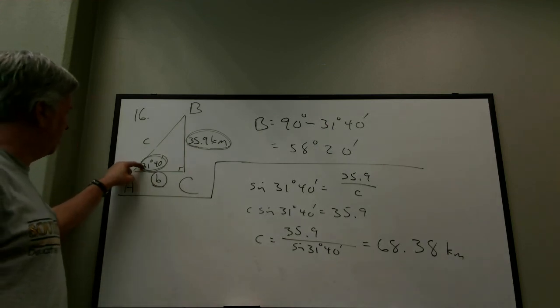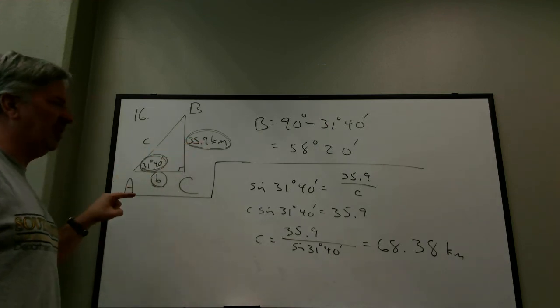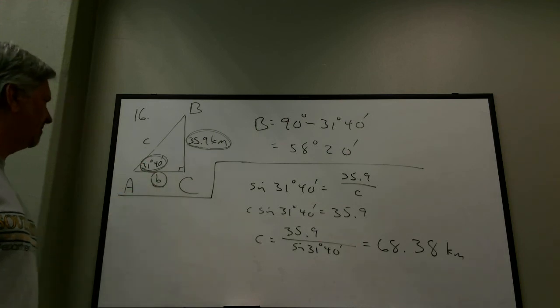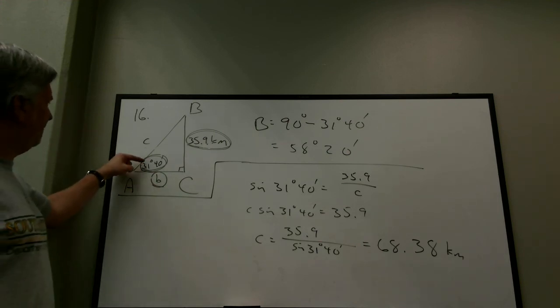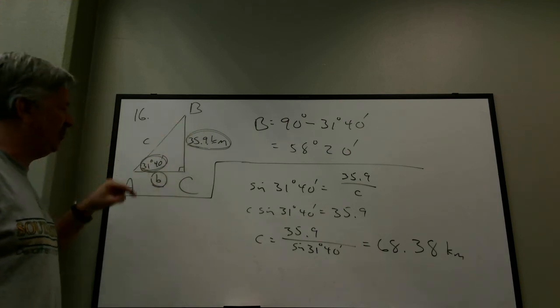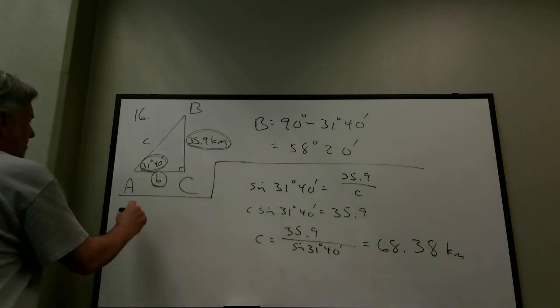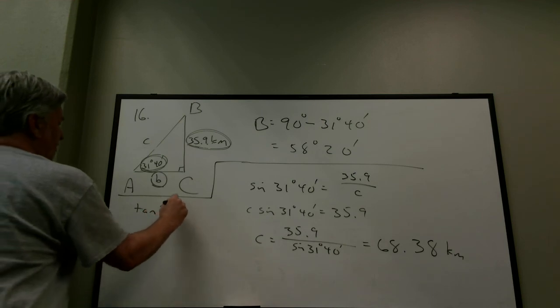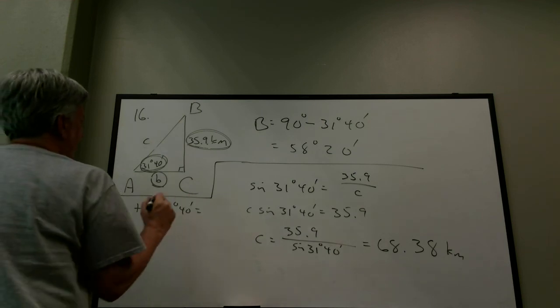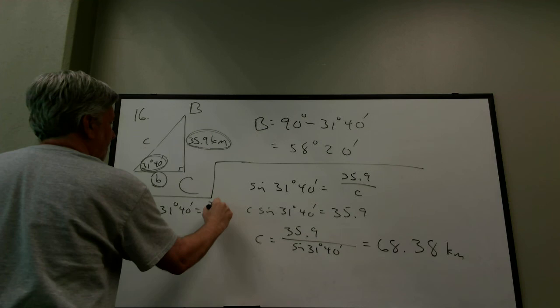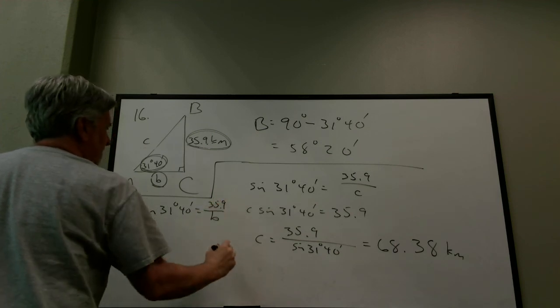Pick one of the acute angles and two of the sides. I know two of the three things. Then you ask yourself, what trig function relates this angle to these two sides? So I have opposite and adjacent, so that involves tangent. So tangent of 31 degrees 40 minutes is the opposite, 35.9, over B.